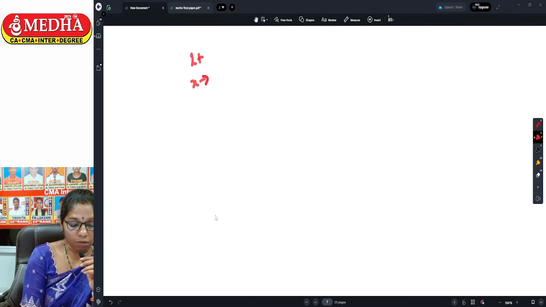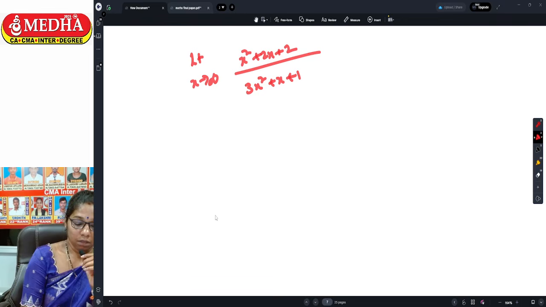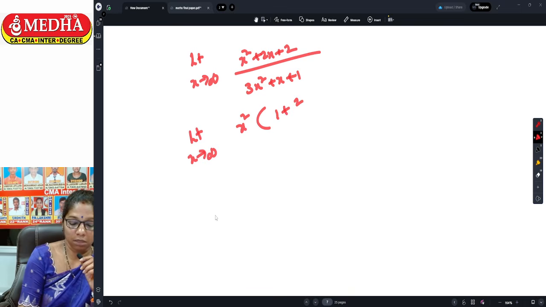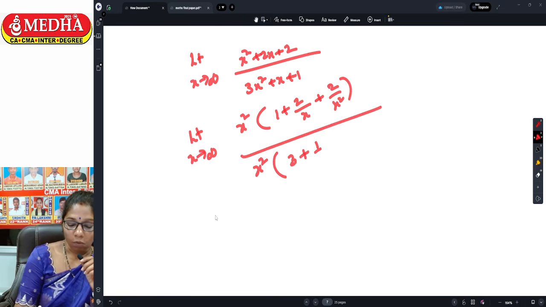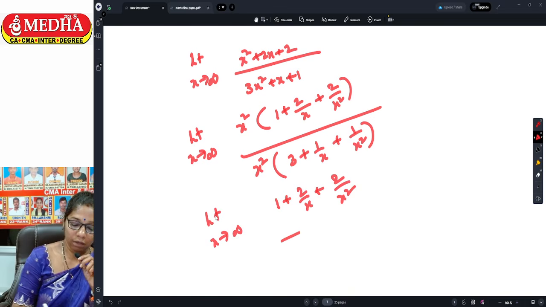Limit x tends to infinity, taking x square as common, 1 plus 2 by x plus 2 by x square by x square as common, 3 plus 1 by x plus 1 by x square. So finally limit x tends to infinity, 1 plus 2 by x plus 2 by x square and 3 plus 1 by x plus 1 by x square.